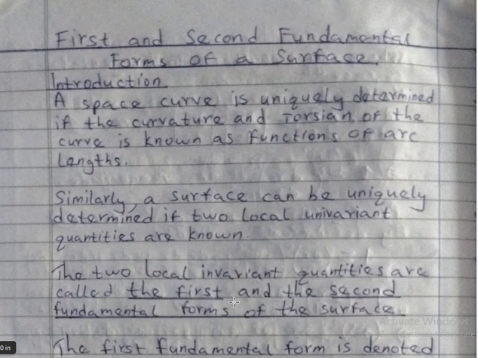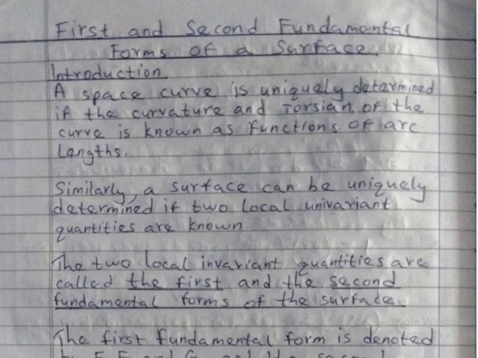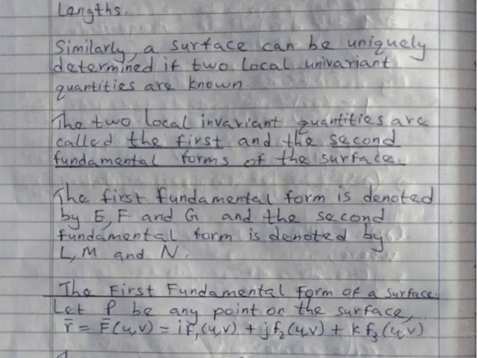The two local invariant quantities are called the first and the second fundamental forms of the surface. The first fundamental form is denoted by E, F, and G. The second fundamental form is denoted by L, M, and N.